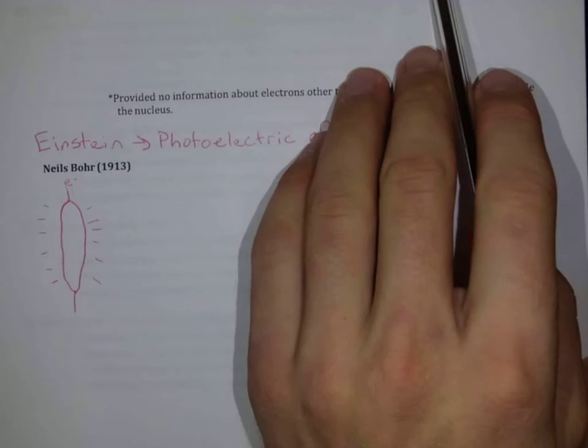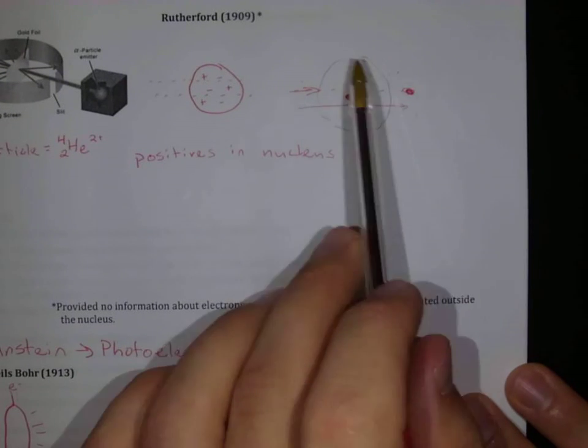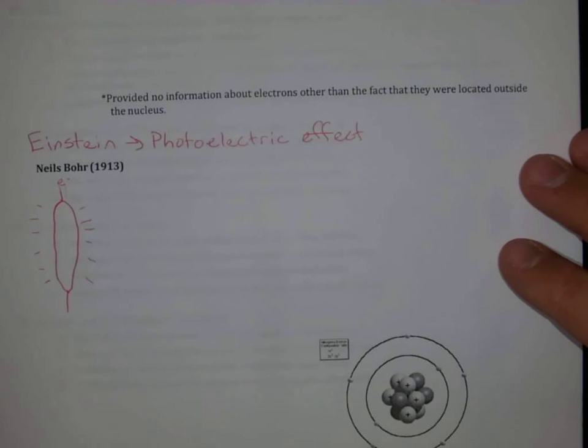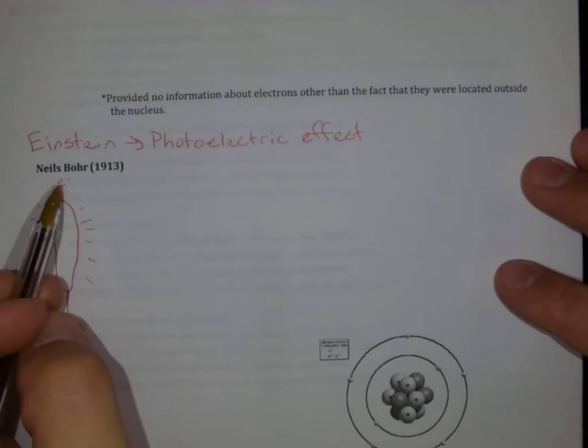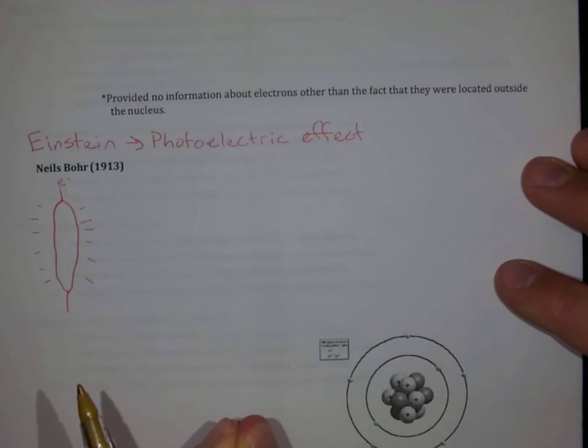Electrons aren't just outside the nucleus, right? They're not just out here. They are actually in some sort of orbit. So this is probably something similar to what you've seen before. Okay? So what Bohr said, right, once he saw these specific colors being released, it was really, really distinct colors.